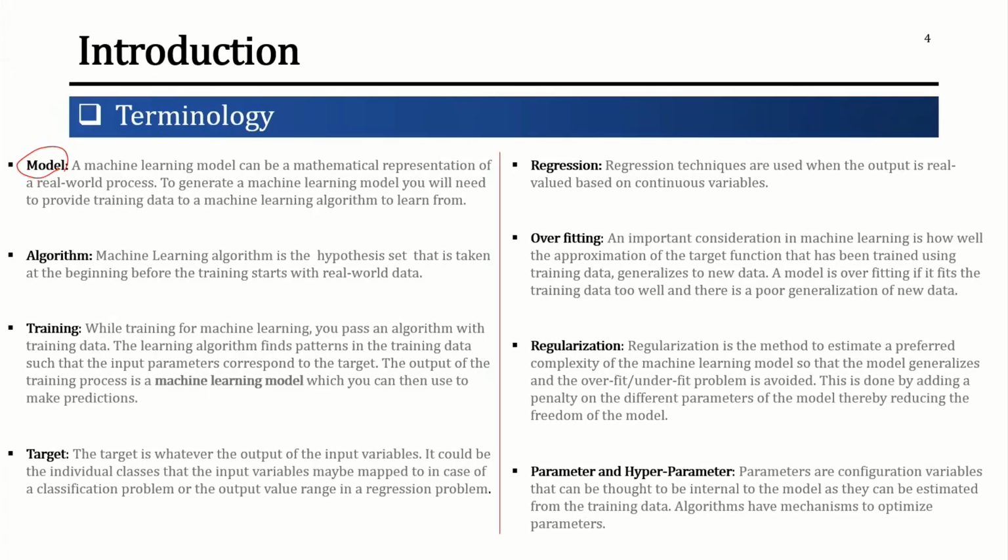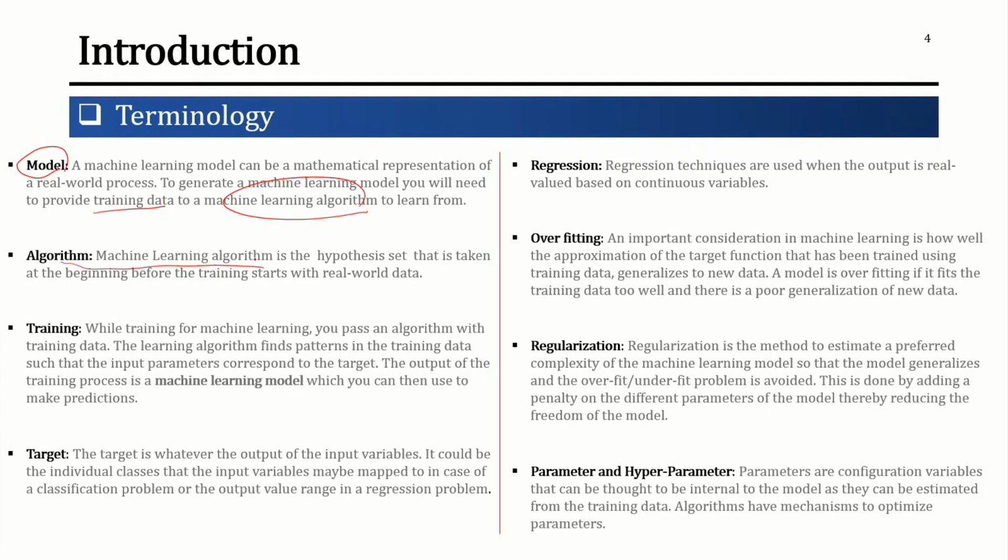In your model, you want your model to do something, so you represent those methods, those procedures, in a mathematical way. And to generate a machine learning model, you will need to provide training data to machine learning algorithms. So here, to build a model, we need training data as well as a learning algorithm.